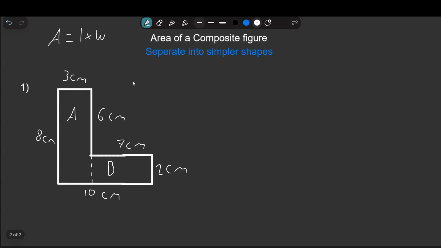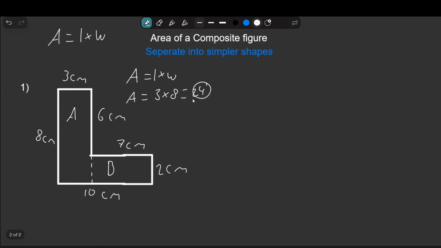So A equals length times width, so A equals 3 times 8, which equals 24.